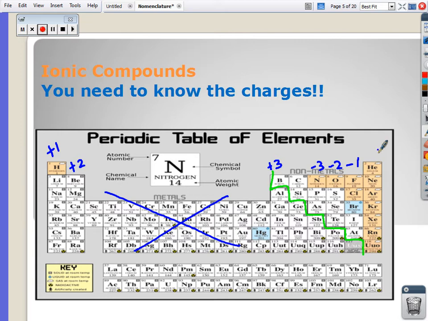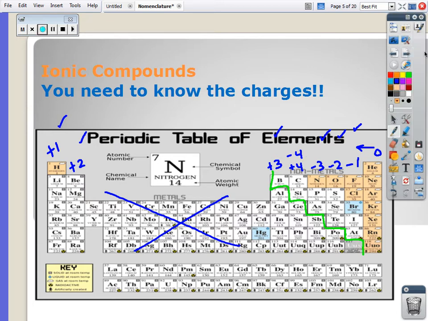It's almost like a number line, where this is 0 and you go in the negative direction. So +1, +2, +3, and this can be +4. This is 0, -1, -2, -3, and this can also be -4. On your periodic table, you need to copy down these basic charges so you can understand them. We'll come back to them in more detail later, but for now you need to understand these.